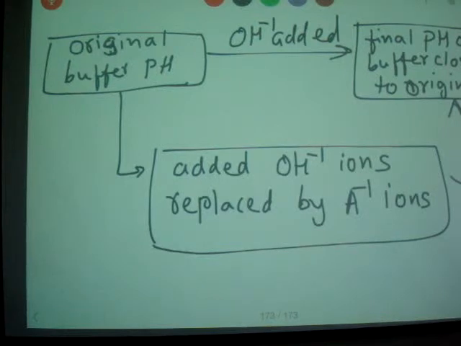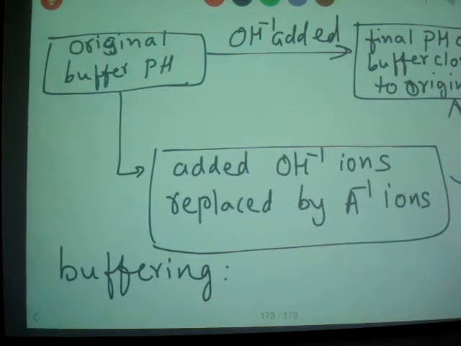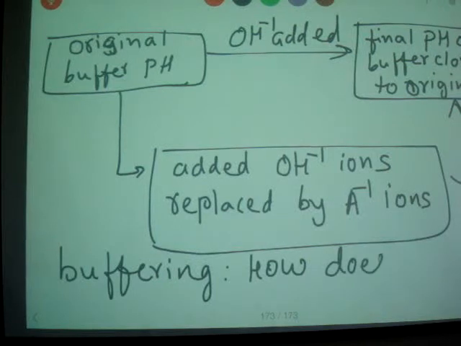So buffering means resistance to change in pH. After adding, yes, the final pH is close to the original. So that's how it works.